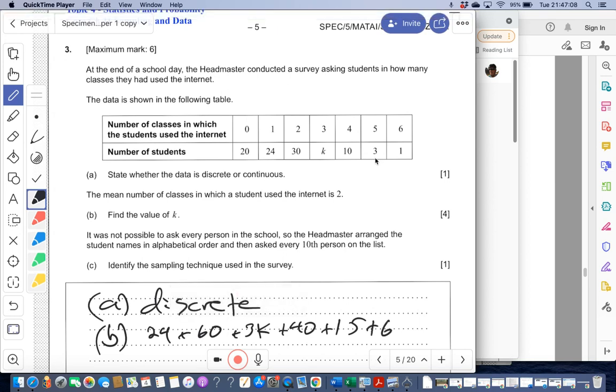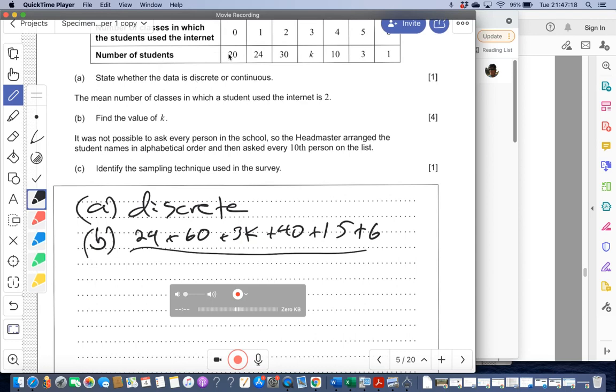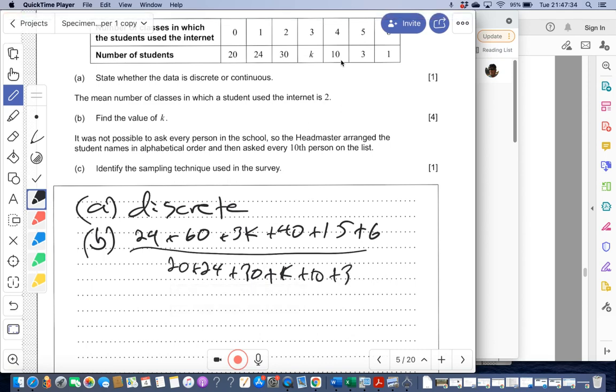And 6. And then we're going to divide that whole sum by the denominator there, which is again adding up the frequencies, 20 plus 24 plus 30 plus k one time, 3k when we multiplied it, and then 10, 3, and 1.